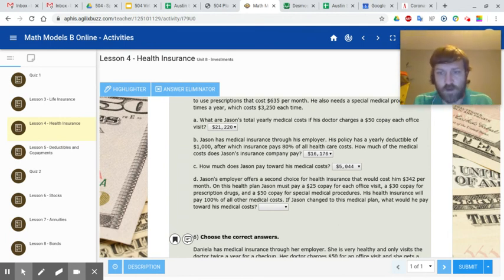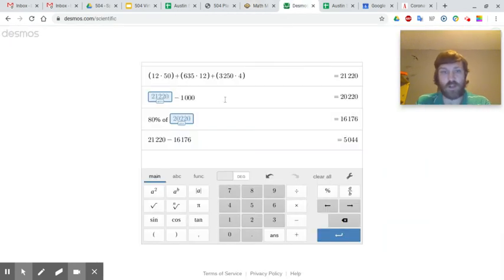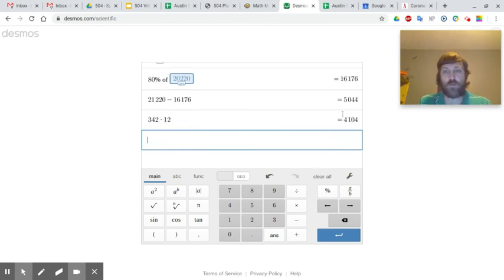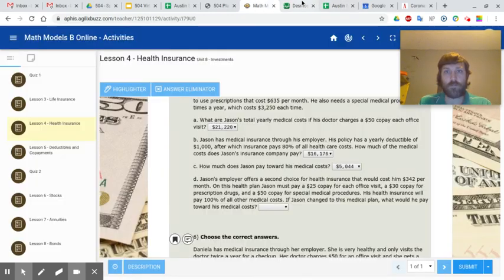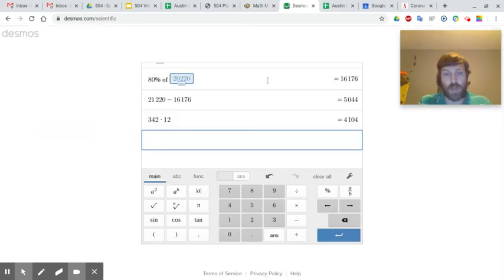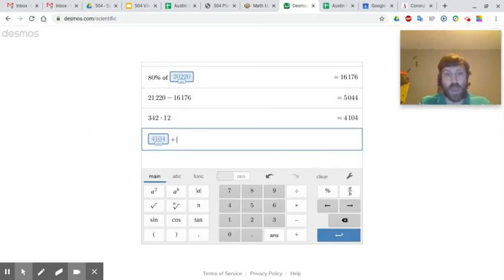There's a couple things in here I'm not totally sure about, but we're going to try it out and see what happens. So we have the $342 per month, which is 4,104 for the year. And it's $25 per visit, and he goes to the doctor once a month, so we add 25 times 12 for each of those doctor visits.